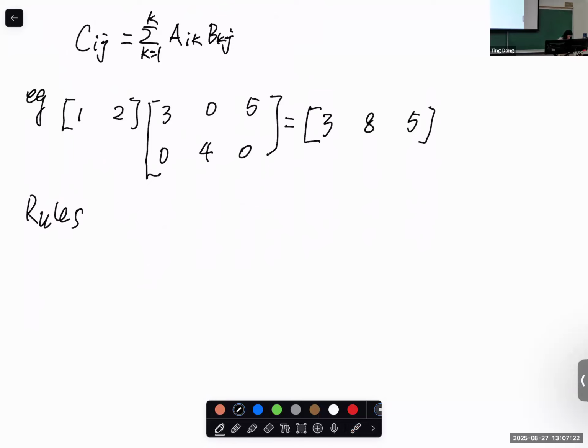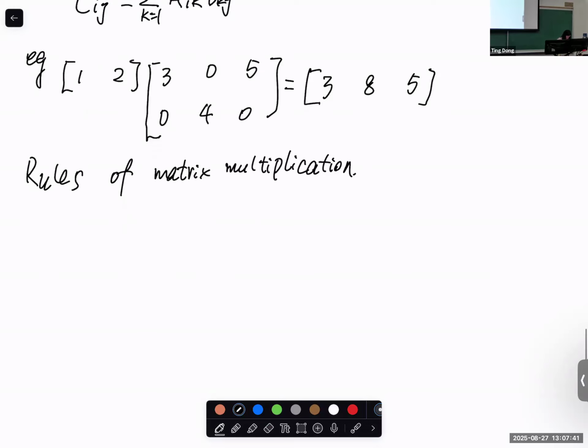Rules of the matrix multiplication. So the first one is the associative rule.